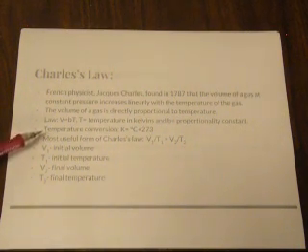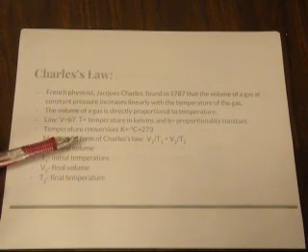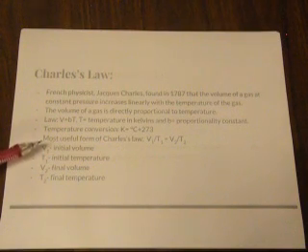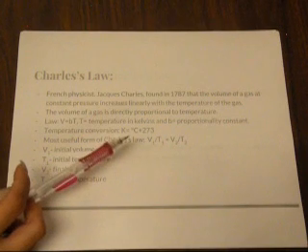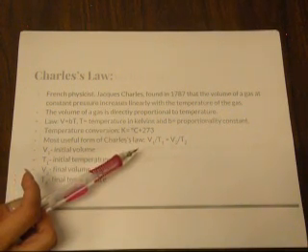The temperature conversion from Celsius to kelvins is adding 273 to the temperature when it is in Celsius. The most useful form of Charles' law is V1 over T1 equals V2 over T2.